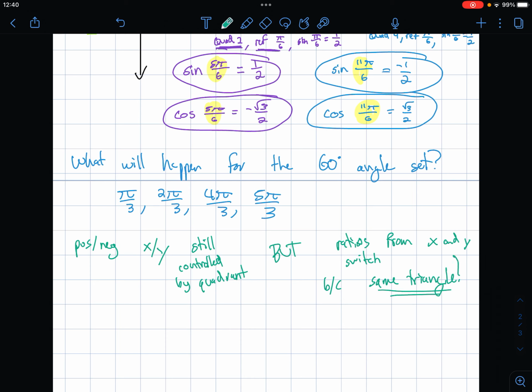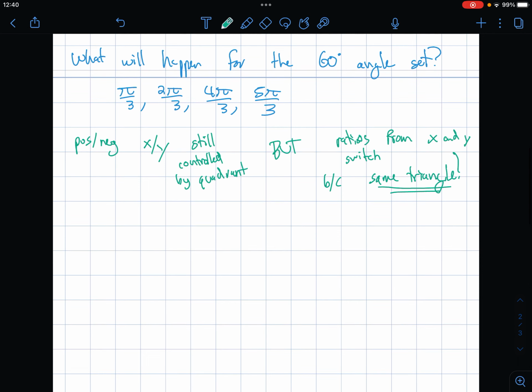It's a 30, 60, 90 triangle. And so now we're just looking at it from the 60-degree angle instead of looking at it from the 30-degree angle. Because before we were saying, okay, let's look at this as 30 degrees, 60 degrees, and 90 degrees.